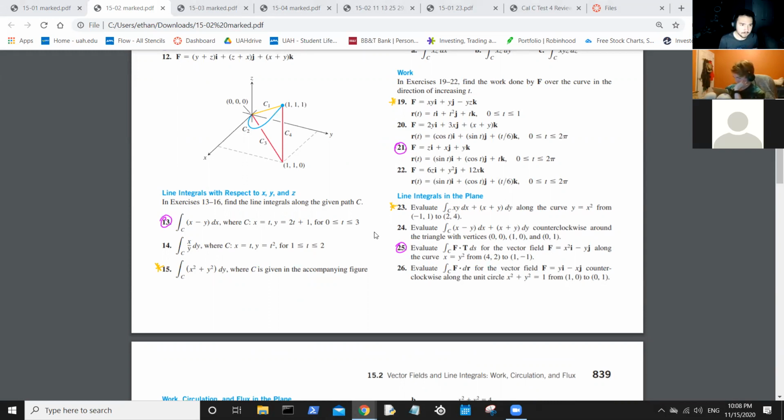So x equals t, and I literally just did this like a basic integral, dx equals dt, and then I plugged in x and y. So I got the integral from 0 to 3 of t minus (2t plus 1). But how did you get that? I'm still root 5 off.